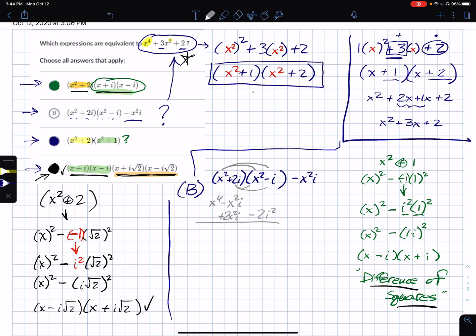So as you combine those, you're going to have x to the fourth positive. These are wonky mixed numbers, I get it, but this is a negative 1 and this is a positive 2. So that's positive 1 x squared i. And then don't forget your i squared here is negative 1 if you're simplifying like we are now. So you're going to end up with a plus 2 from that term. And then don't forget to bring down that separate term that had nothing to do with our distribution, but now it's possibly a like term.